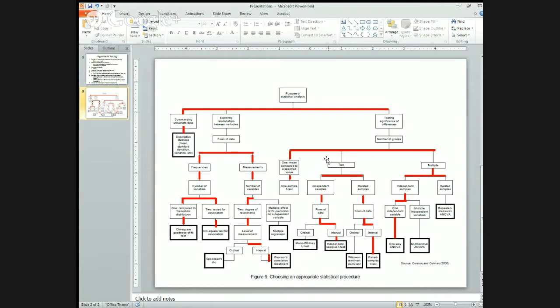Is it categorical or continuous? Remember, categories are categorical, and continuous are numbers that go from 1 to whatever. They can be interval, or they can be ratio scales. On this slide, the first part was summarizing univariate data.